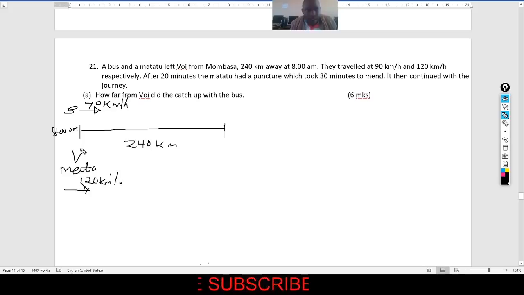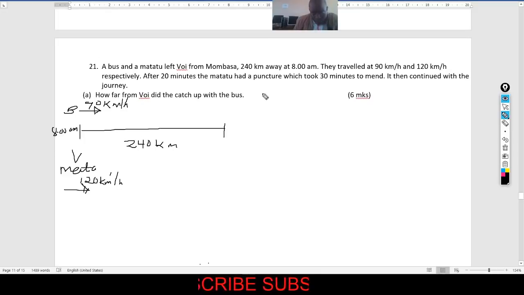After 20 minutes, the matatu had a puncture, which took some minutes to mend. They started at the same time, but after 20 minutes, so we must know the distance the matatu had gone in the first 20 minutes.